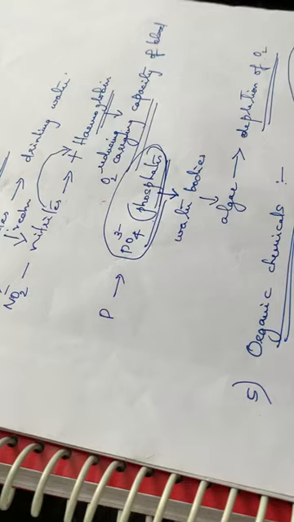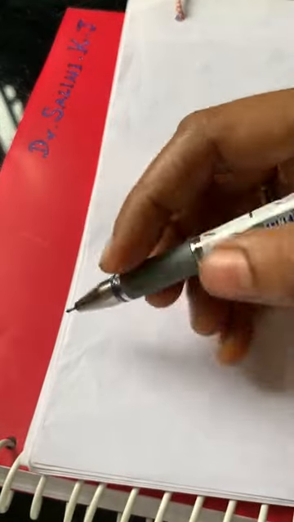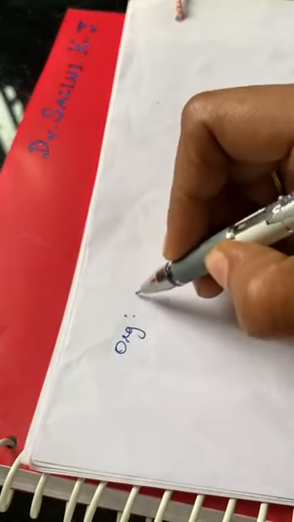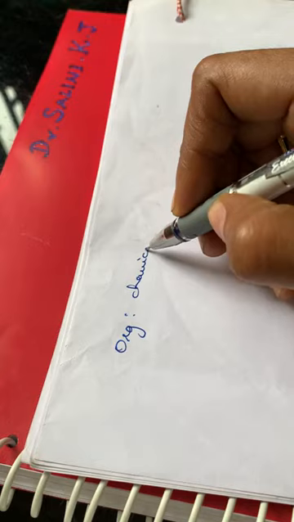Sometimes this will be asked as an essay, that is, discuss the main sources of water pollution. Again, organic chemicals are highly toxic. At a very low concentration itself, they are harmful to human beings as well as aquatic organisms.